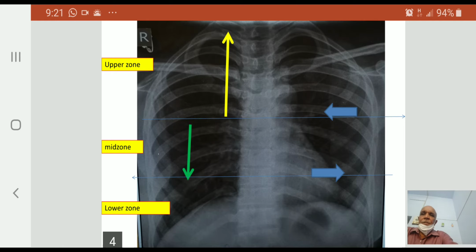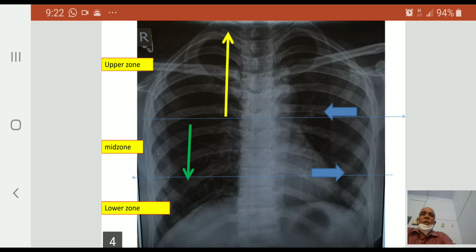Now if a chest lesion is present, we can confirm which zone the lesion is in. So we should know the zones on the chest X-ray. There are 3 zones in the chest X-ray: upper zone, mid zone and lower zone. Now draw an imaginary line passing through the lower border of the second costochondral junction.